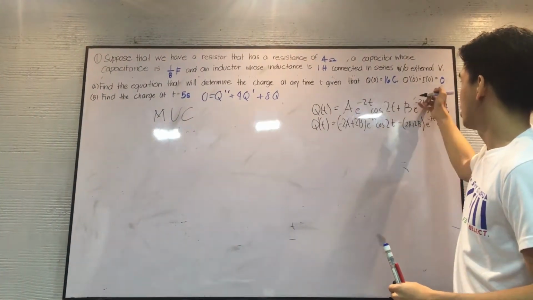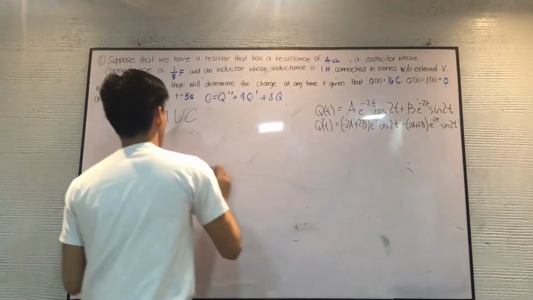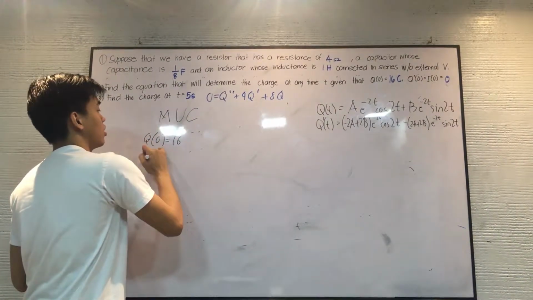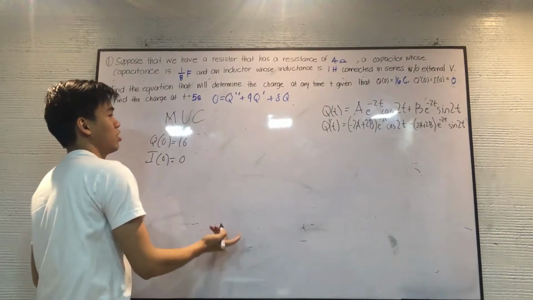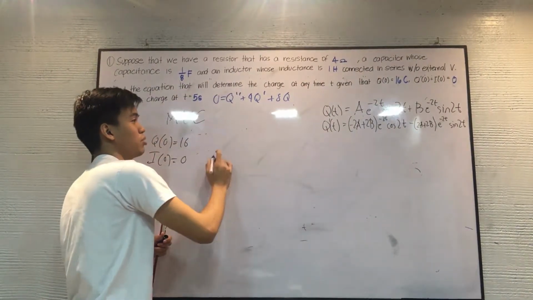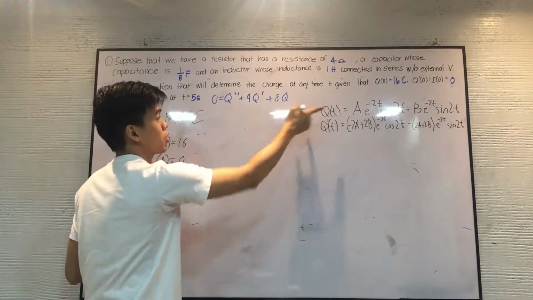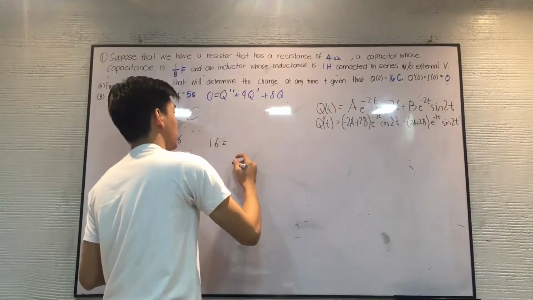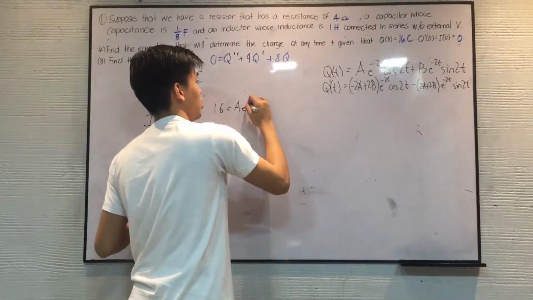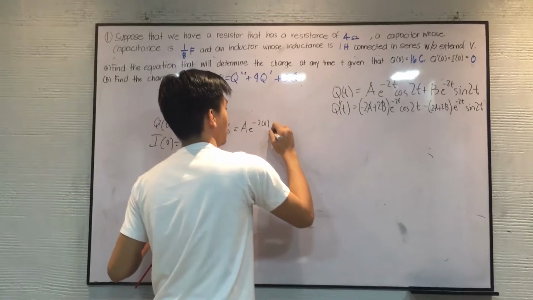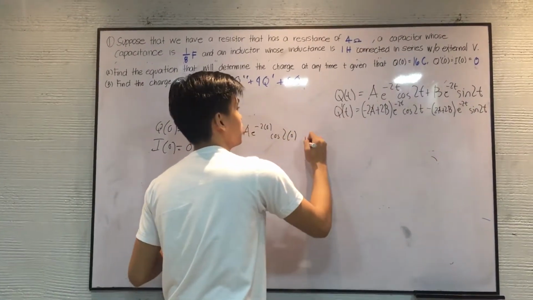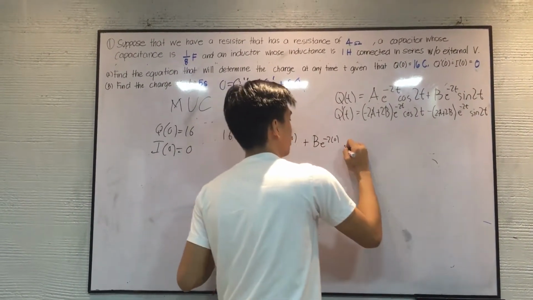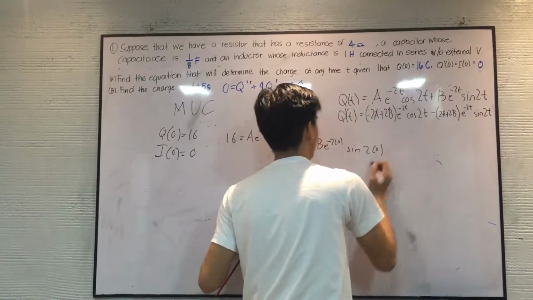So substituting with the initial value problem, the two equations become this one: 16 equals a e^0 cosine 2(0) plus b e^0 sine 2(0).